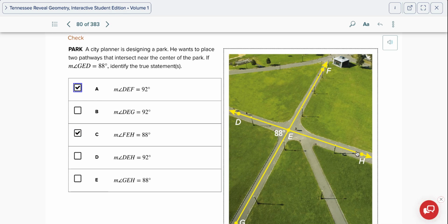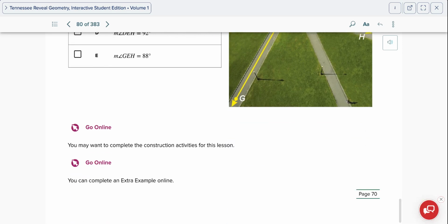And GEH, oh no, they have it as 88. That ain't right. What is DEH? No, DEH ain't right. That's a straight angle, so that's 180. And DEG is already 88. Those are the only 2 answers. A and C.